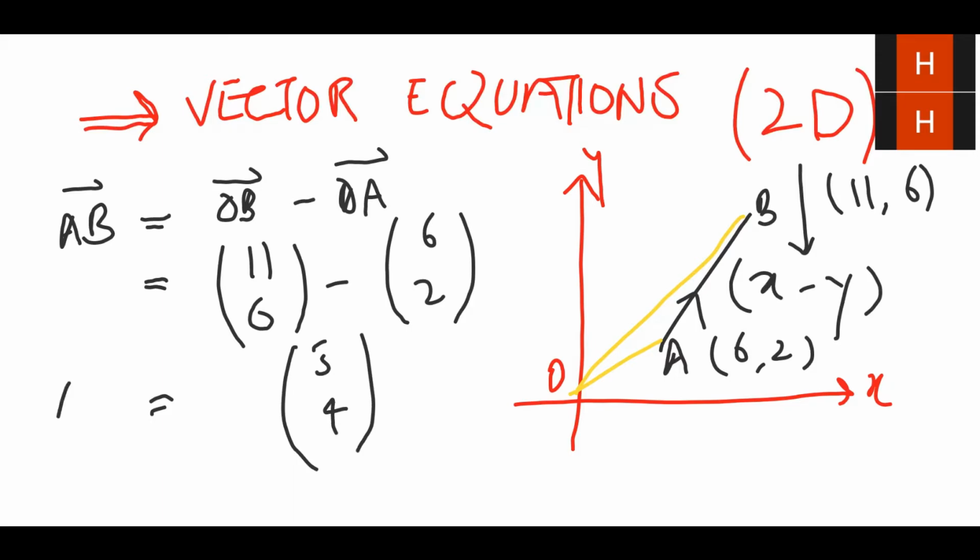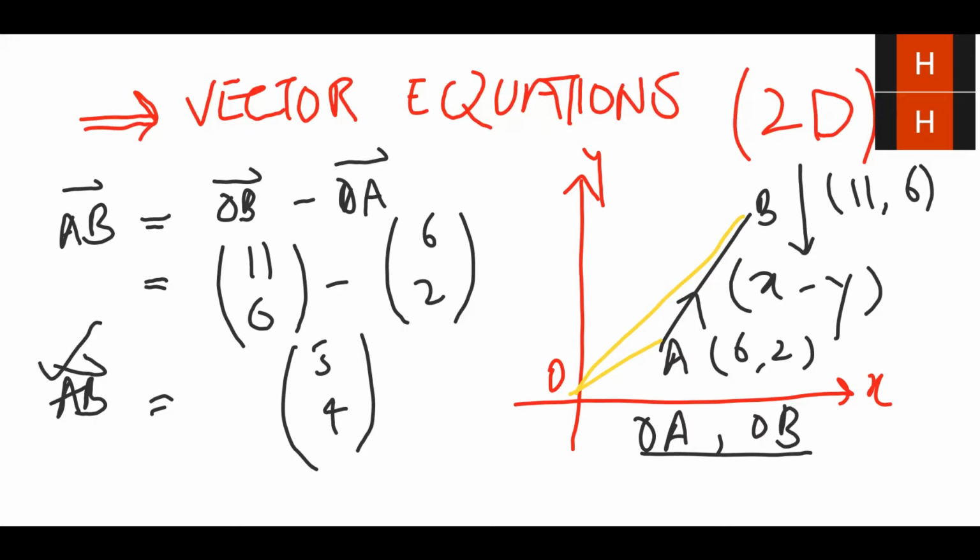So your AB vector, which is your direction vector, comes out to be 5, 4. You have two position vectors, OA and OB, and you've also found one direction vector.